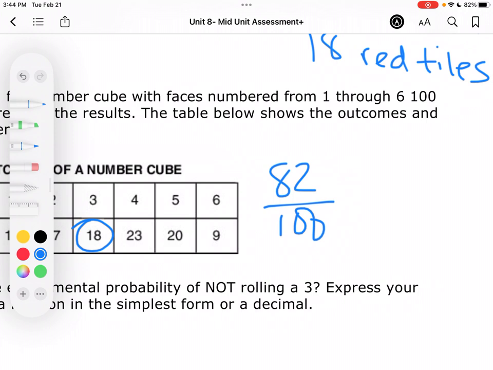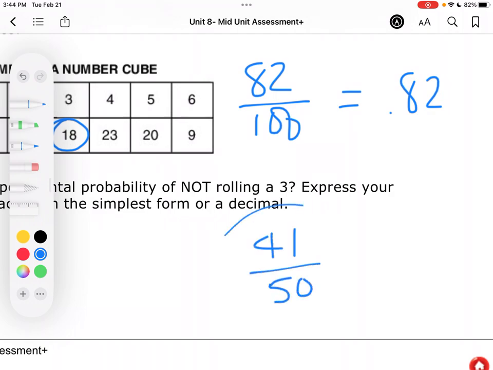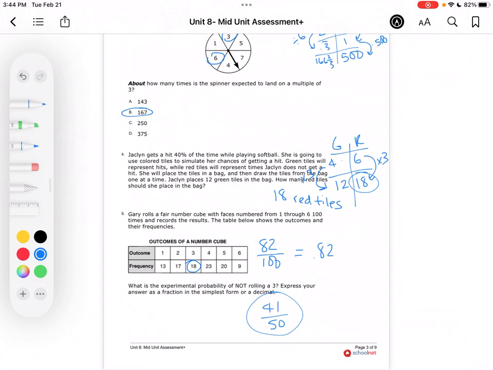So it said in the simplest form or as a decimal, so I could have gone 0.82, or I could have said 41 over 50. Either one would have worked.